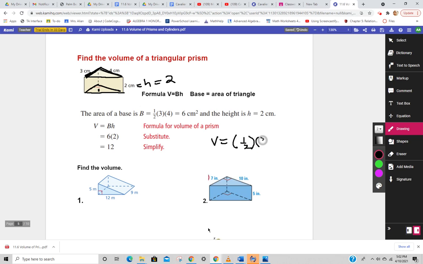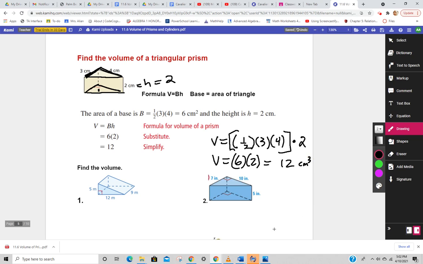So 1/2 times 3 times 4. So that's the base, that's B, times the height, and the height is 2. So the volume equals, well, 3 times 4 is 12, half of that is 6, so we'll have 6 times 2, so that's 12. So the volume of this triangular prism is 12 centimeters cubed.